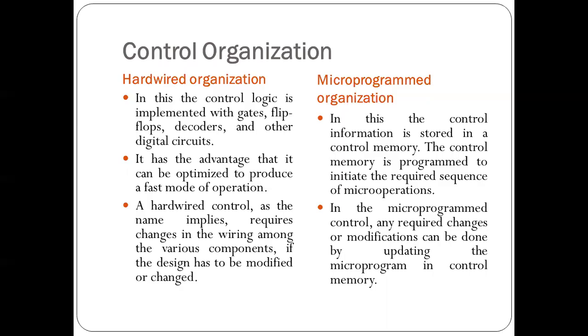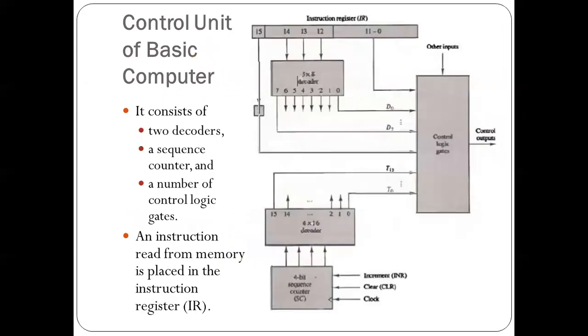Rather than changes in the hardware, the wiring or the components, it is easy to update the program in microprogrammed organization. So this is the basic difference between hardwired and microprogrammed organization, which is very important and a widely, frequently asked question.